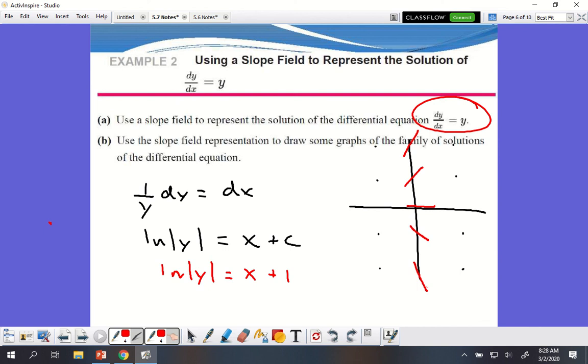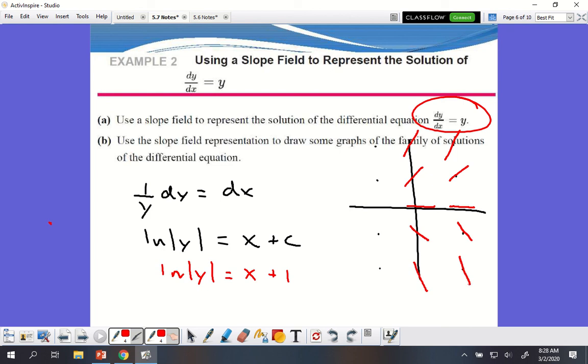At 1, 0. Zero, right? Because the only thing I'm plugging in is the y value, right? Does that make sense? At 1, 0, the slope is 0. Okay, at 1, 1, positive 1, right? At 1, 2, at 1, negative 1, at 1, negative 2.